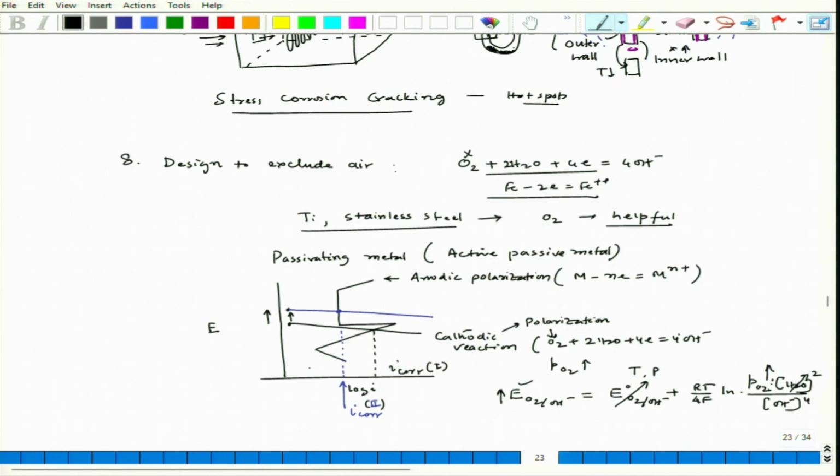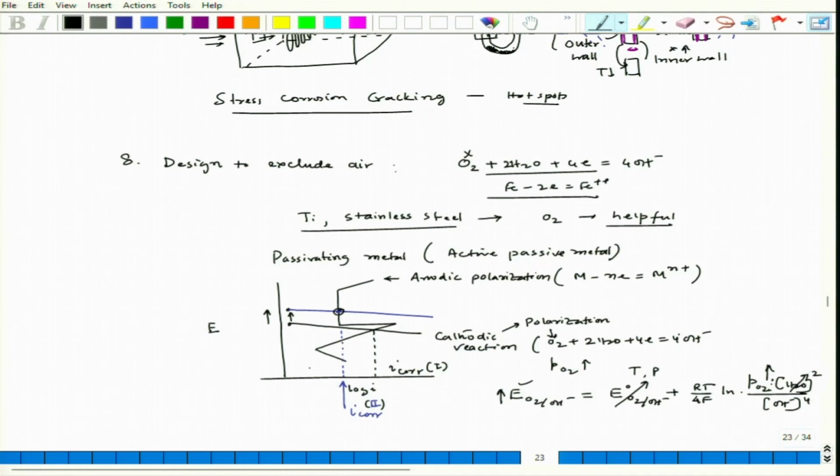And you are seeing that the passivation is achieved. So, the material would corrode according to this current density. Lower the current density, lower would be the corrosion rate.